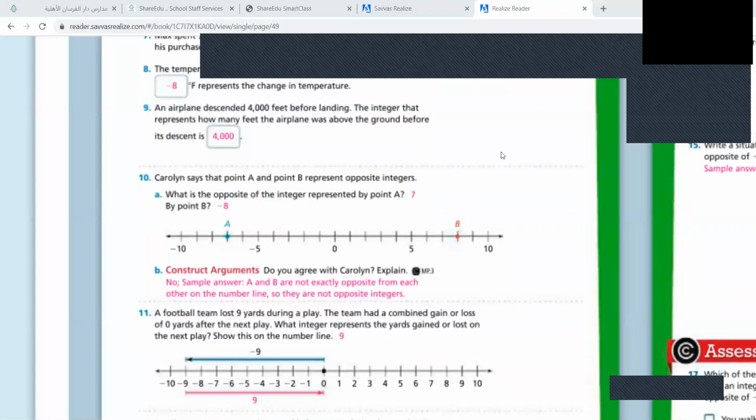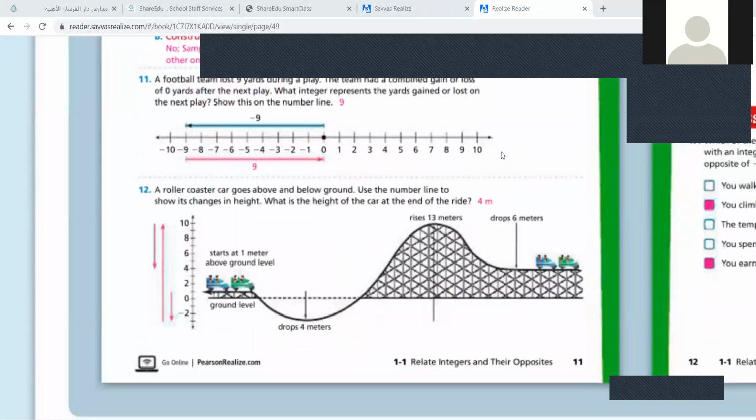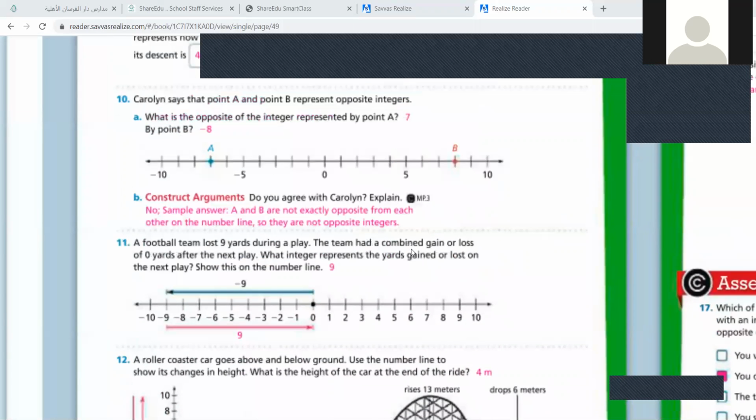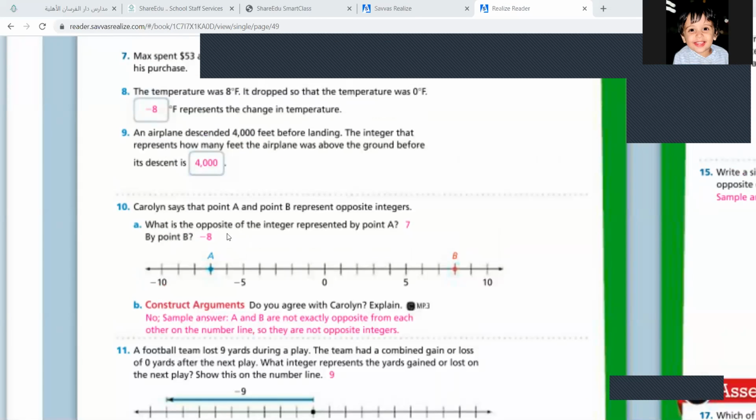Yes, miss, I didn't understand point A. Do you see point A here? I will show you with the highlighter. Wait a second. Do you see this point A? Rishan, you understood too.